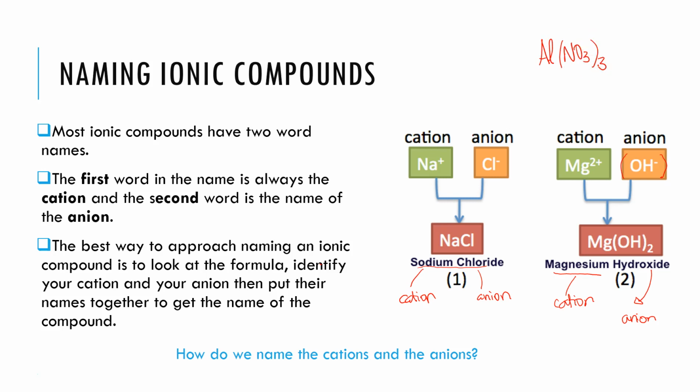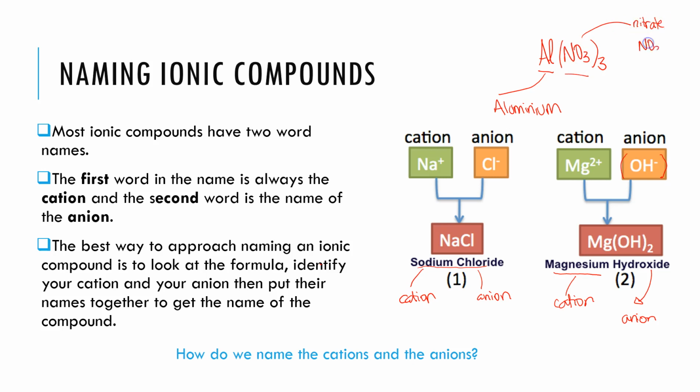this will be our cation, and if we look up this symbol on the periodic table, we should identify that this will be aluminium. And then we have a polyatomic again. This one is actually nitrate. Hopefully you'll remember this one.